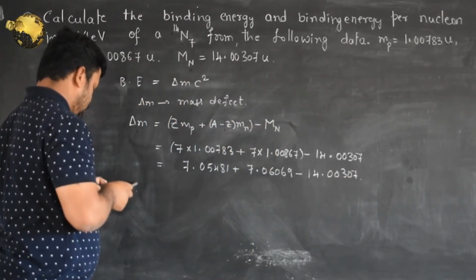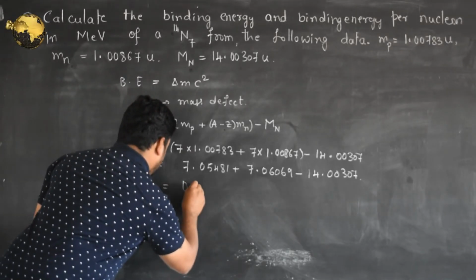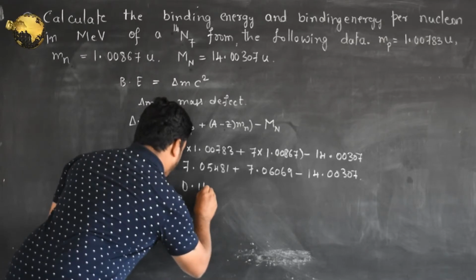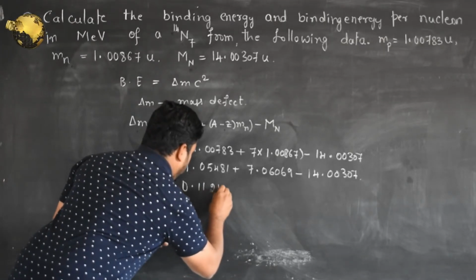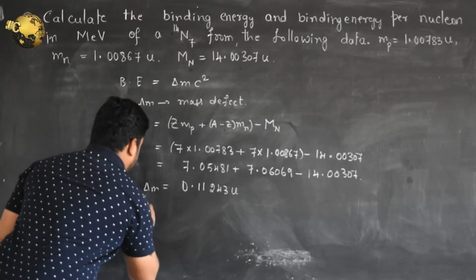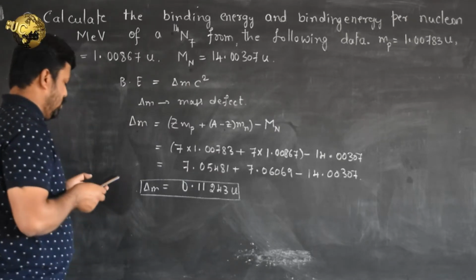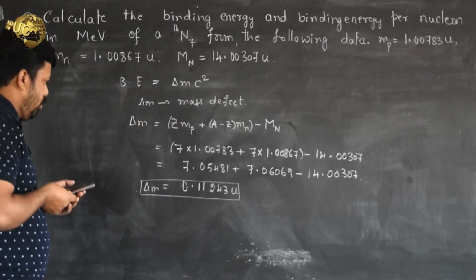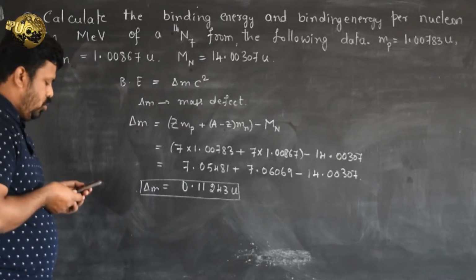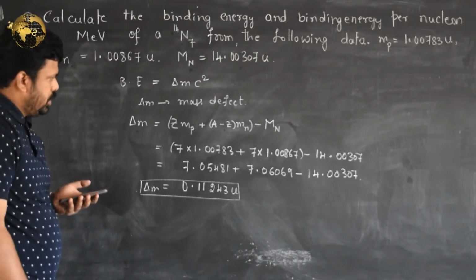On solving this, we get 0.11243 u. This is delta M. The mass defect of the given nucleus is 0.11243 u, that is atomic mass unit.